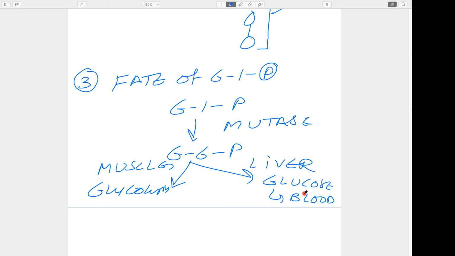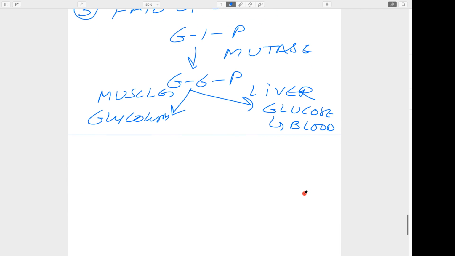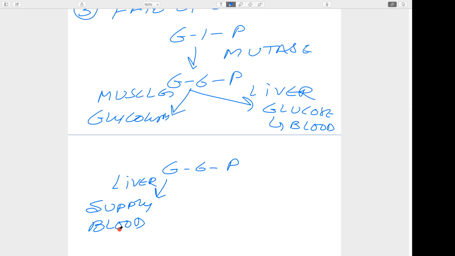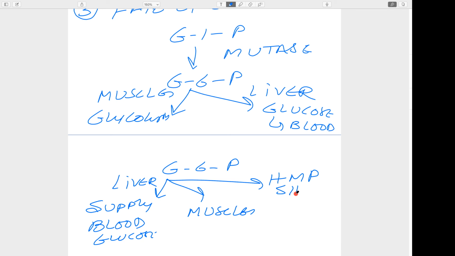Apart from that, glucose 6-phosphate has many other actions. In the liver, it supplies blood glucose. In muscles, it gives energy. In muscles, liver and other tissues, it may go to the HMP shunt pathway, and also to glycogen synthesis.